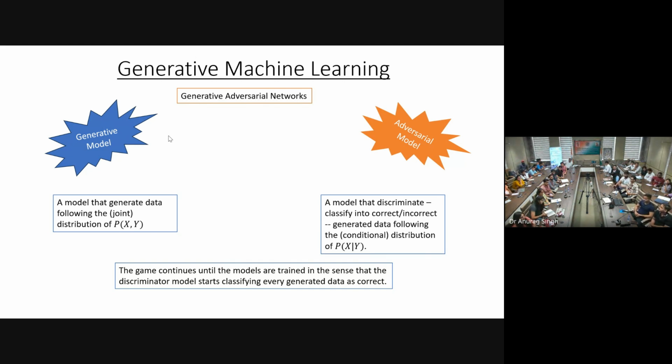Any question? Everyone fine with what is happening here in the model? Be clear about the terminology: model, algorithm, right? And generative adversarial networks. Any doubt? Okay.